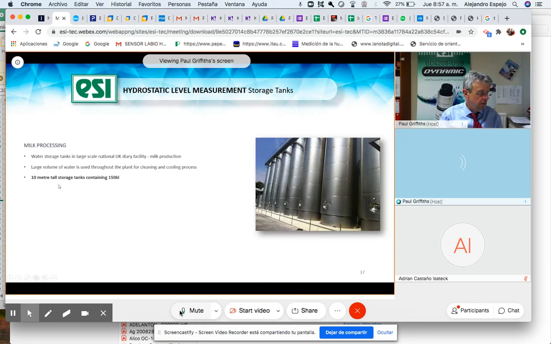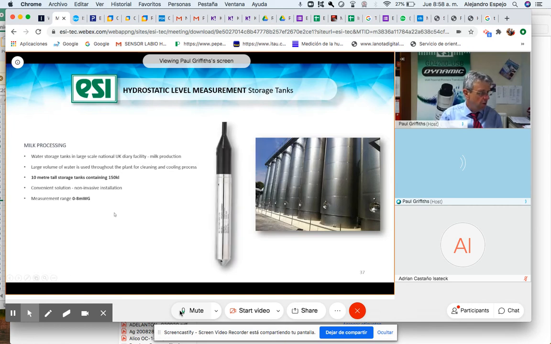And quite often the dairy in Manchester near to ESI, they have 10-meter tall storage tanks with thousands of litres of water. And what they didn't want to do, they didn't want to put a hole in the side of the tank.